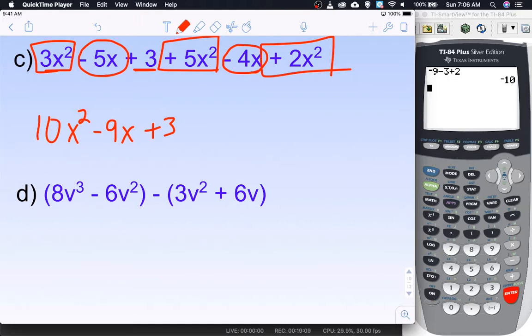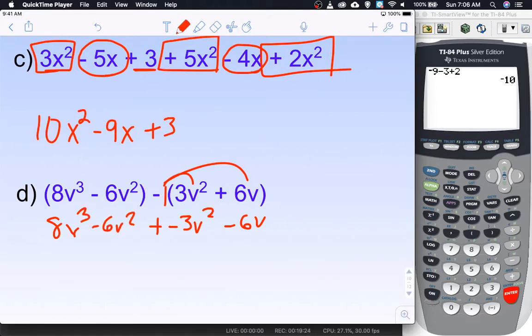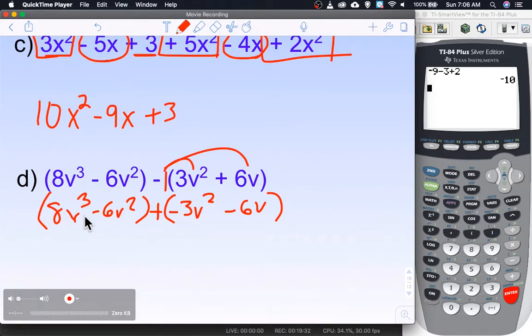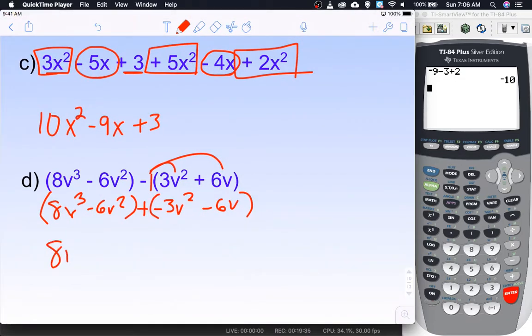Letter D. I like to distribute this -1 through, making this a plus -3v squared minus 6v. And if it makes you feel good and you want to rewrite this, you can. So now when I'm combining, I only have 1v cubed, so I'm just going to hold on to him. 8v cubed kind of hops in my answer.